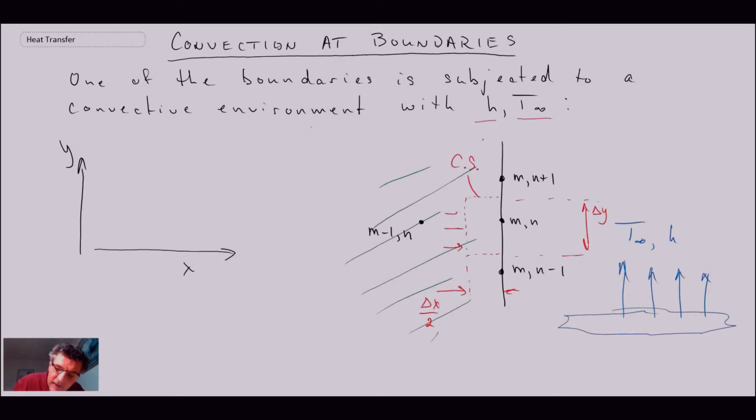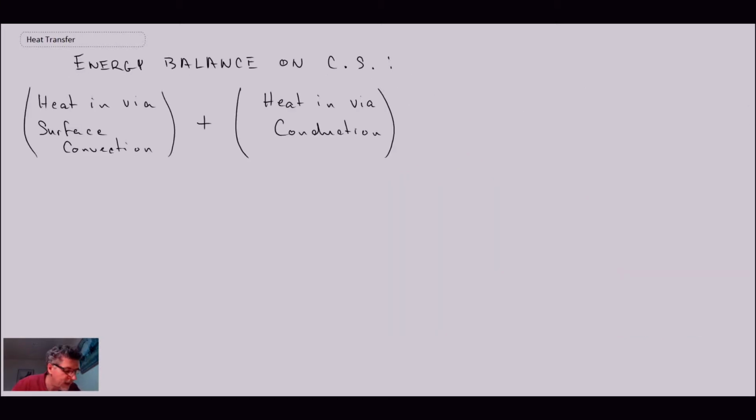Conduction can be coming in from that node, through there and through there as well. Convective heat transfer obviously is going to be coming in this way. And then finally we have to consider the fact that we may have internal generation within our little control volume, within the control surface. And given that we're operating at steady state, all of this has to equal 0.